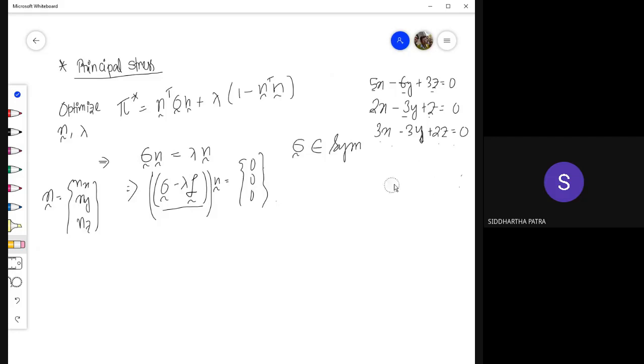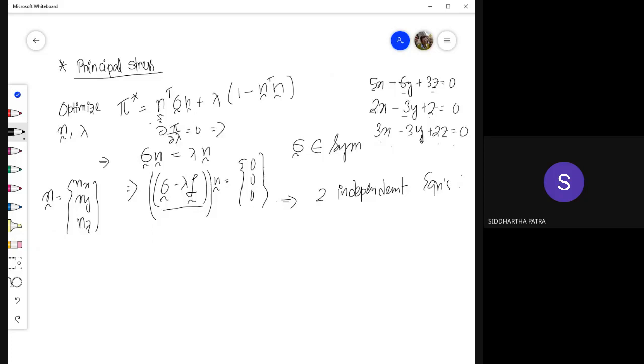Because this set of equations has only two linearly independent equations, and the third equation is actually dependent. What serves as the third equation is the constraint equation, because that's the equation you get when you take the gradient of pi with respect to lambda equals 0.